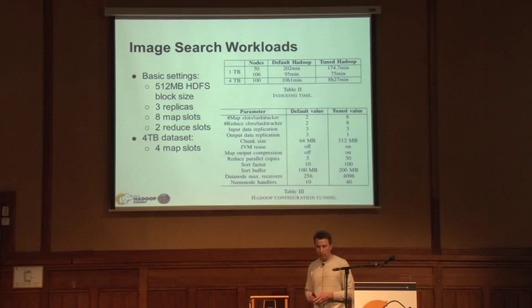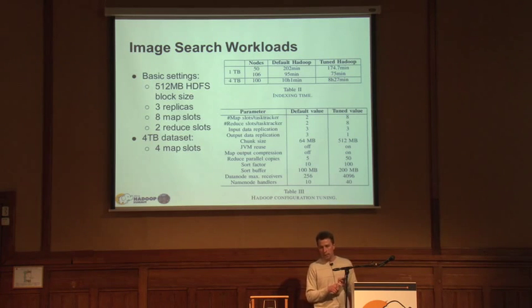So maybe I will go to the results. Here you can see the tuning of our Hadoop cluster. If I summarize, the default HDFS block sizes were not good for our workloads, so we had to increase them.